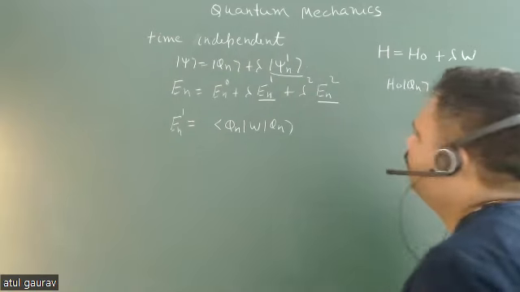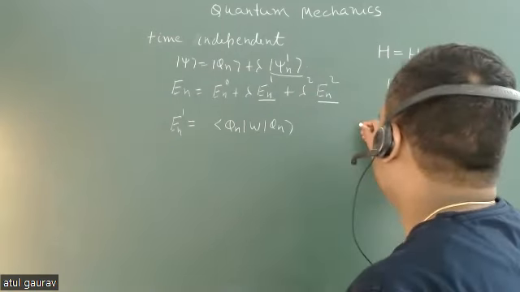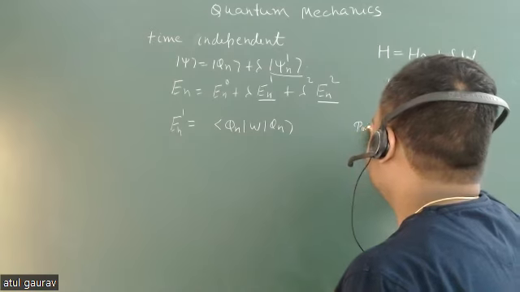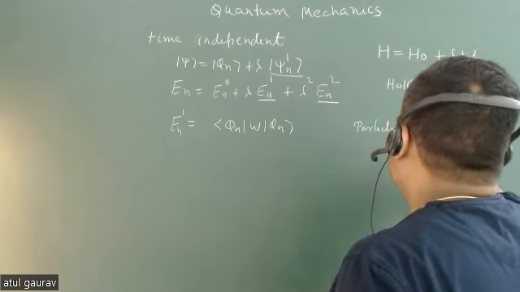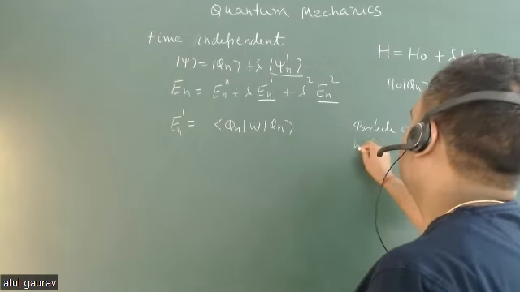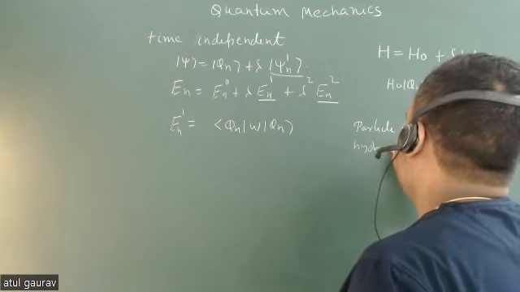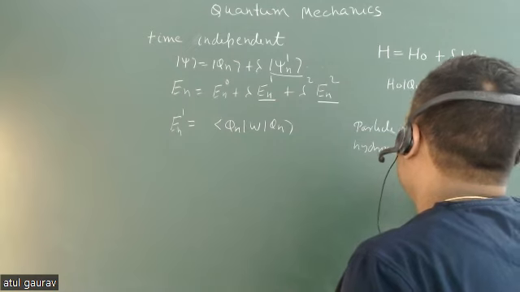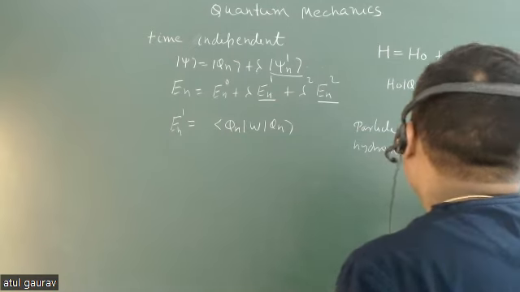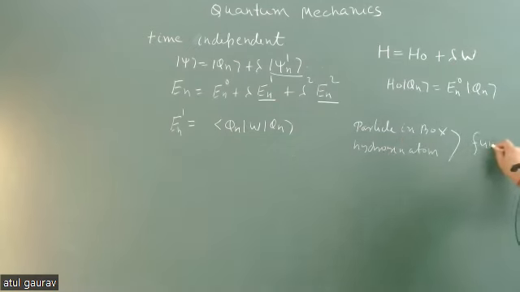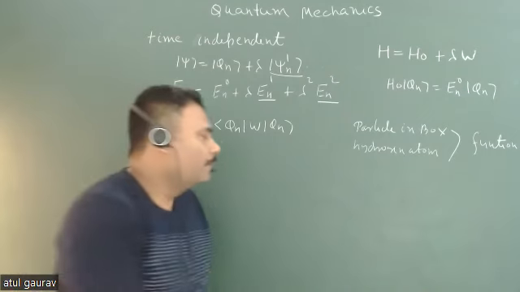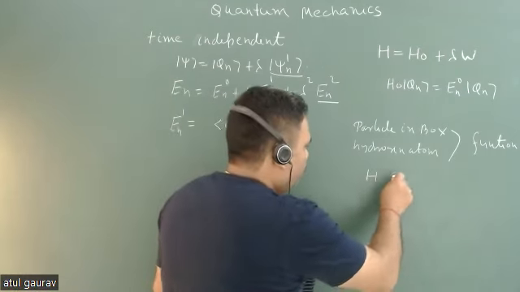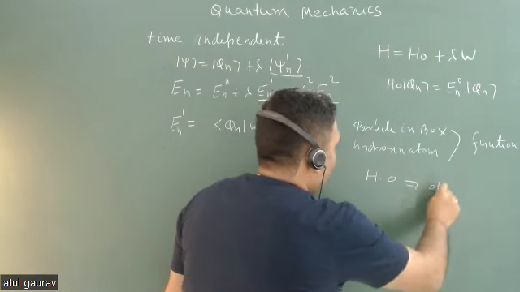In general, for a particle in a box or hydrogen atom, you have to go for the functional method. That means you just go for the integration method and solve it. And for the harmonic oscillator, you have to go for the operator method.